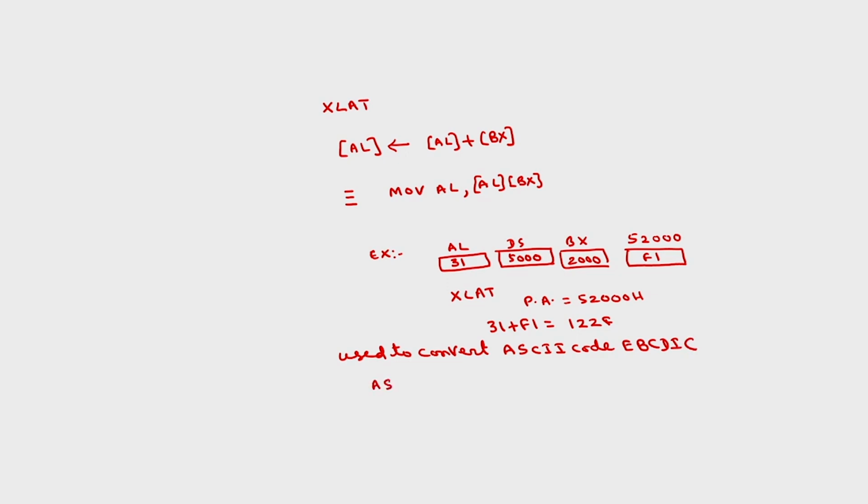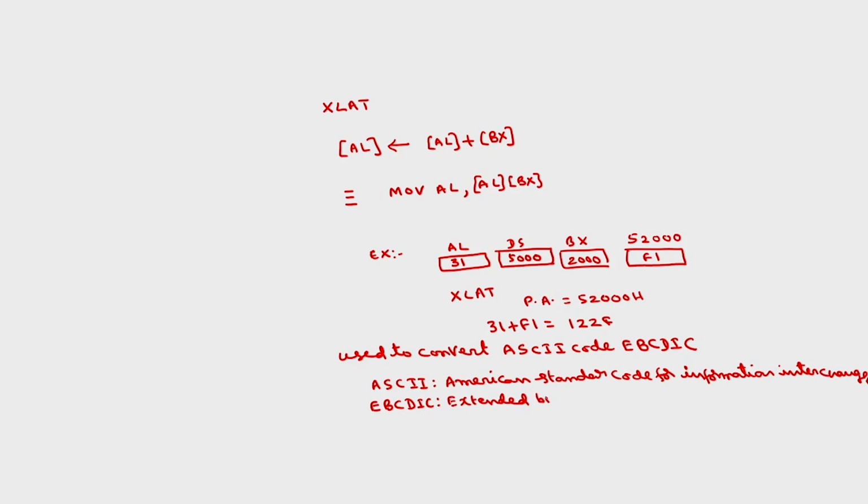ASCII stands for American Standard Code for Information Interchange, whereas EBCDIC stands for Extended Binary Coded Decimal Interchange Code.